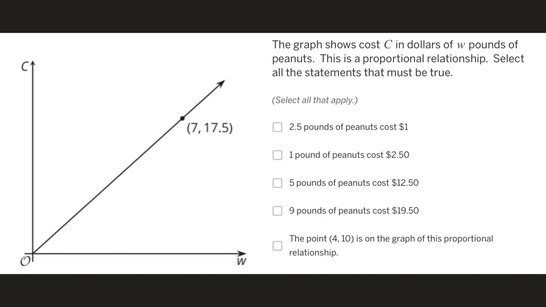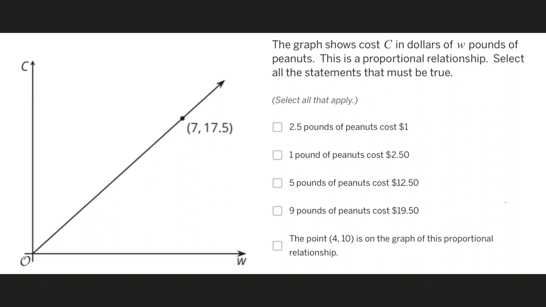Here our graph shows the cost in dollars of W pounds of peanuts. This is a proportional relationship, so it is important they tell you it's proportional. If they don't, they may use words like constant rate or the same speed, something along those lines. We want to figure out which of these statements are true. First, I'm going to label my axes.